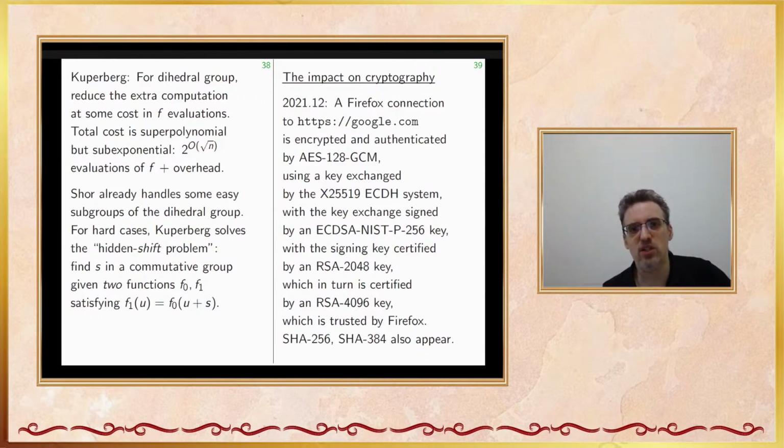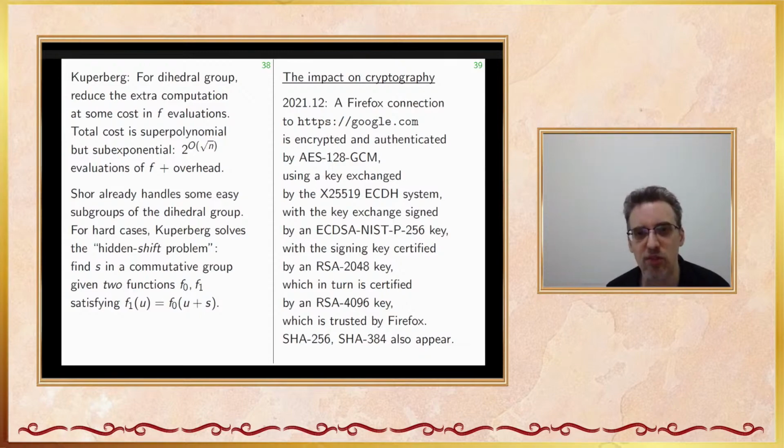So the certification is saying, yes, this is Google's key, and that's signed by a certain authority. And that authority has an RSA 2048 key to sign that information. And that authority has its own key certified, so signed along with something saying, yes, this is a legitimate authority. That is signed by a certain root of trust, an ultimate key which Firefox knows is something it's supposed to trust.